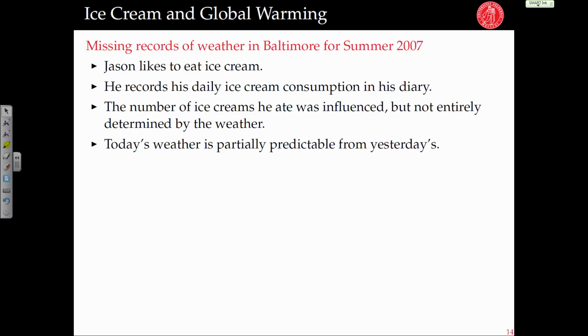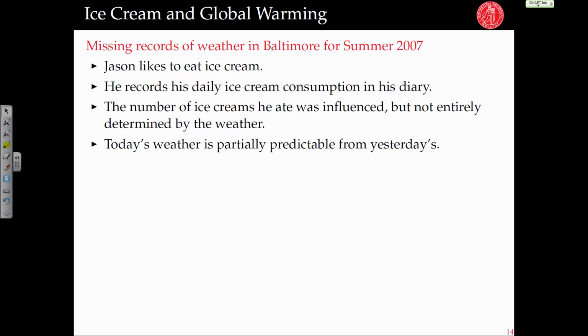The weather records for all the years are available except for one area in the summer of 2007, which is Baltimore. So we have missing information, but what we have is someone called Jason Eisner, who used to keep track of his ice cream eating habits.